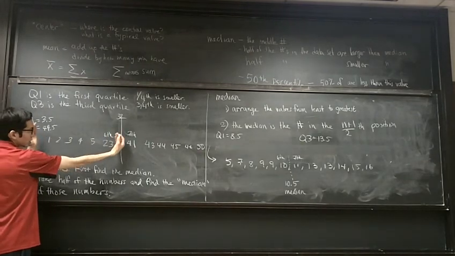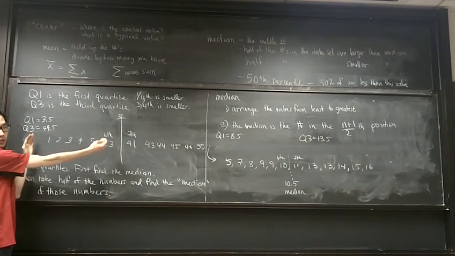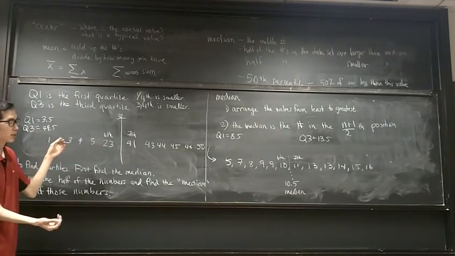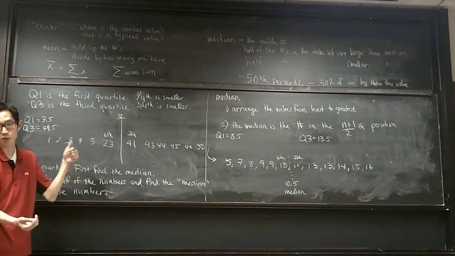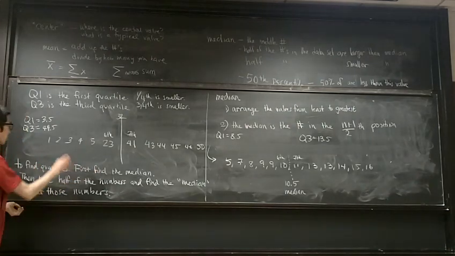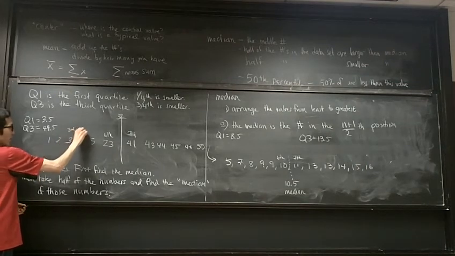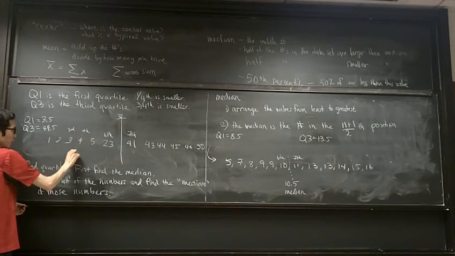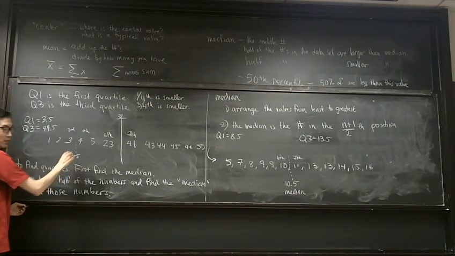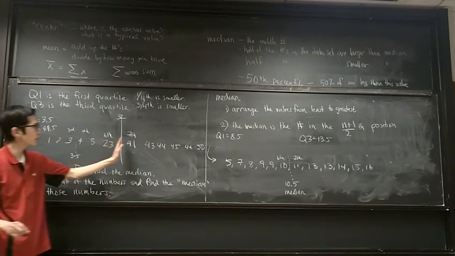I'm going to look at just this lower 6, and find the median of these 6 numbers. So now I pretend my n is 6. 6 plus 1 over 2 is 3.5. So this is my first, second, this is my third number. This is the 4th number. So halfway between 3 and 4 is 3.5. This is my Q1.